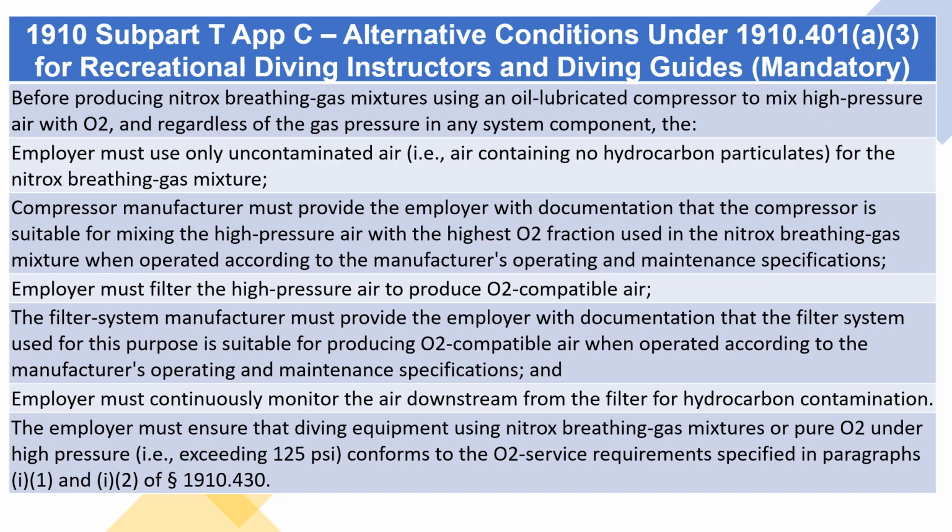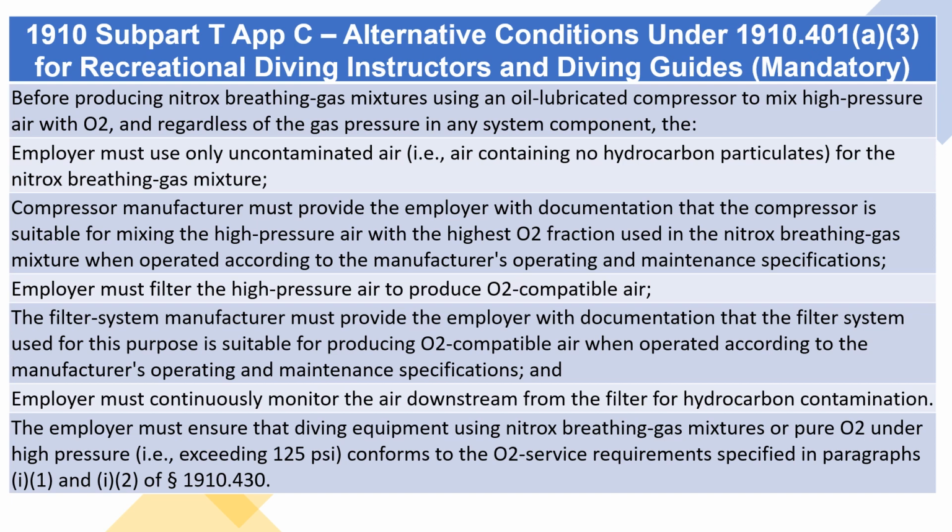Before producing nitrox breathing gas mixtures using an oil-lubricated compressor to mix high-pressure air with O2, and regardless of the gas pressure in any system component, the employer must use only uncontaminated air, i.e., air containing no hydrocarbon particulates, for the nitrox breathing gas mixture. Compressor manufacturer must provide the employer with documentation that the compressor is suitable for mixing the high-pressure air with the highest O2 fraction used in the nitrox breathing gas mixture when operated according to the manufacturer's operating and maintenance specifications.